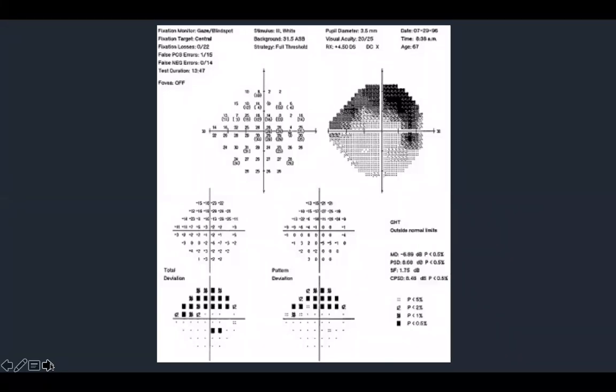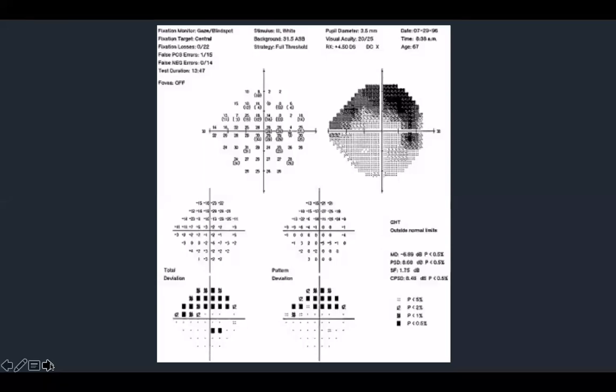Other things like excessive PRP come with visual field loss. Okay, so this is a good differential.